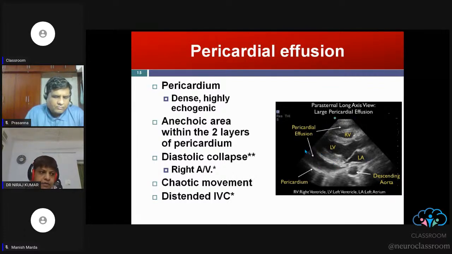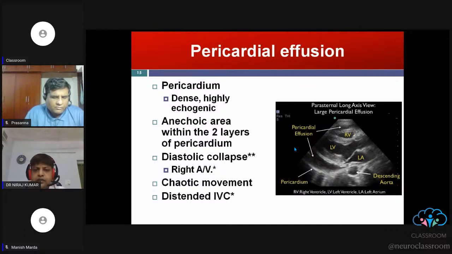You also have to understand that the effusion may be acute, or there may be chronic accumulation of fluid. Chronic pericardial effusion is not so dangerous because the heart adapts to it. But an acute rise in pericardial effusion is a very dangerous situation for the heart, and this may be the cause of shock.